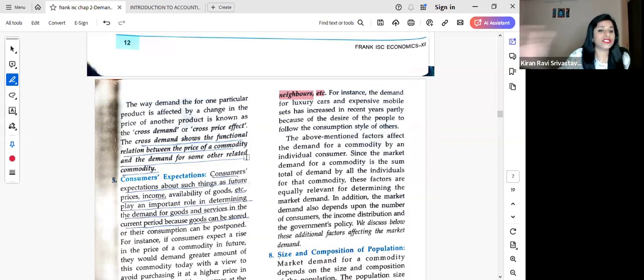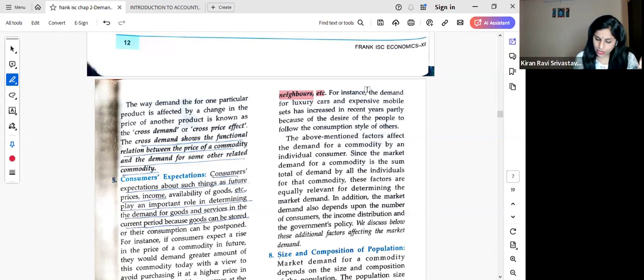So you have just entered a good MNC, a well-paying job, and all your friends are buying cars. What will you do? Oh, why not buy a car? That's the demonstration effect. It's like copycat. The demand is increasing because others have it, so you also want to have it.